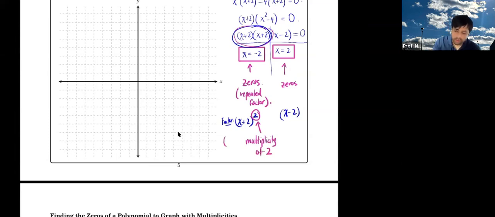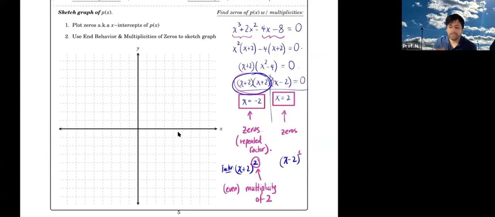Multiplicity, multiple. It repeats twice. So it's a multiplicity of 2. And also, they call it an even multiplicity. And what do you notice about x minus 2? X minus 2 only has a 1 in it. So we don't really say multiplicity of 1 because it doesn't repeat more than once. It's just one time. But the moment your factor repeats, then you have a multiplicity. So in this problem, x equals -2 comes from a factor that is repeated twice.